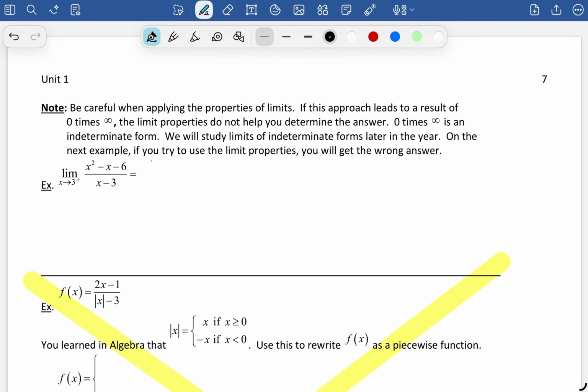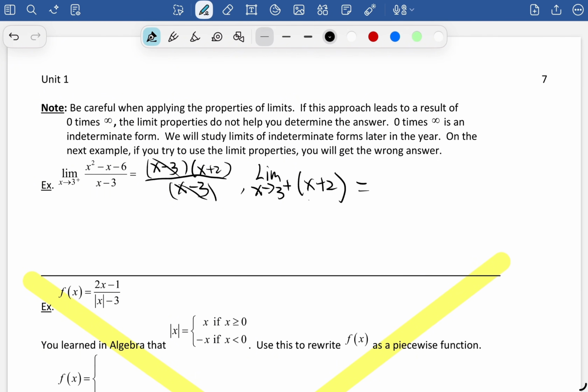So x squared minus x minus 6 is basically x minus 3 times x plus 2, divided by x minus 3. There's a hole, so we cancel this out. We just have to evaluate the limit as x approaches 3 plus of x plus 2.